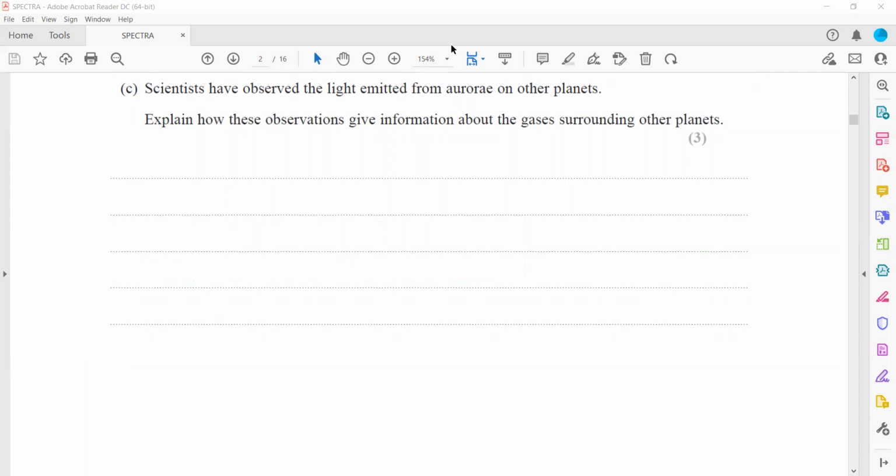Say there is a planet whose atmosphere consists of hydrogen and helium. Then there is another planet whose atmosphere consists of carbon dioxide, so it contains carbon and oxygen atoms. Another planet's atmosphere consists of, say, oxygen and nitrogen.